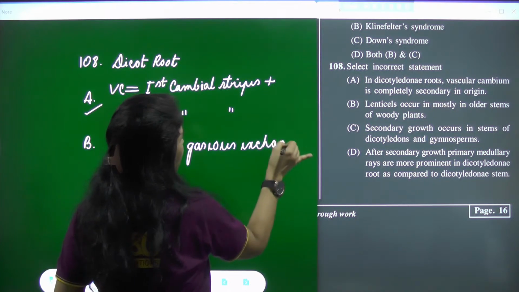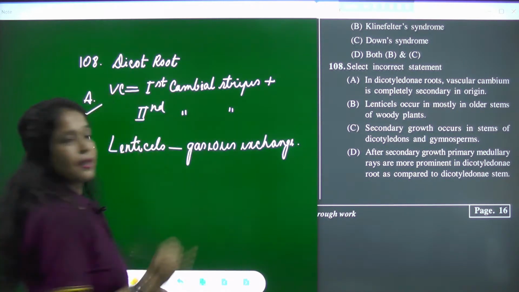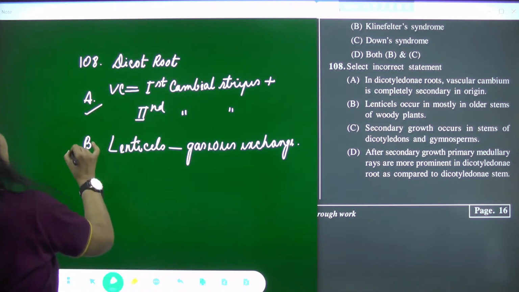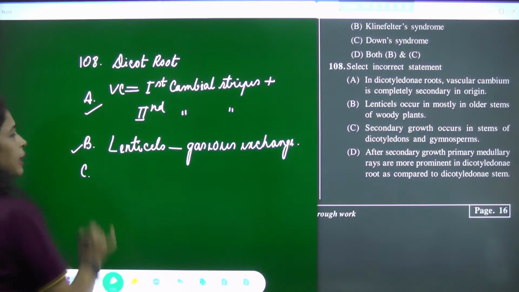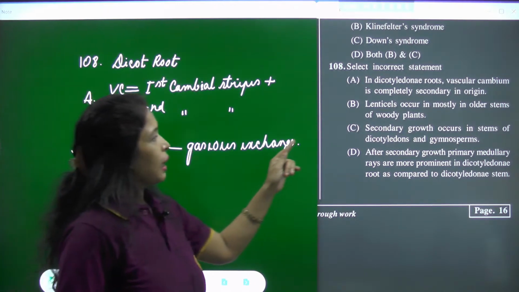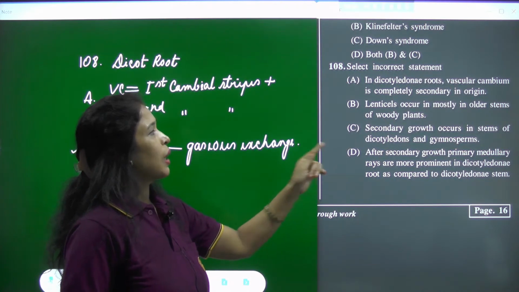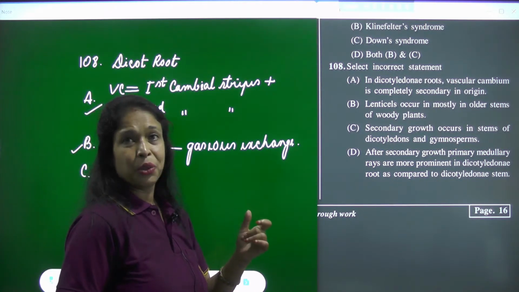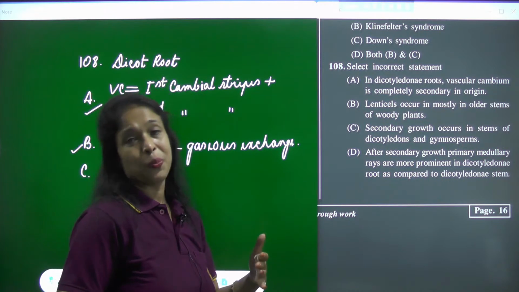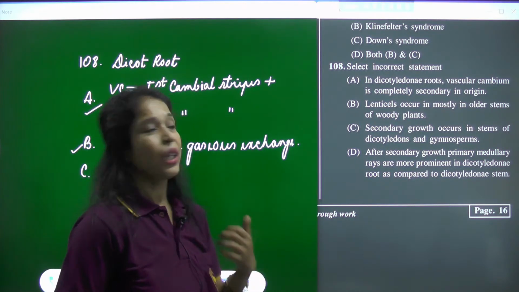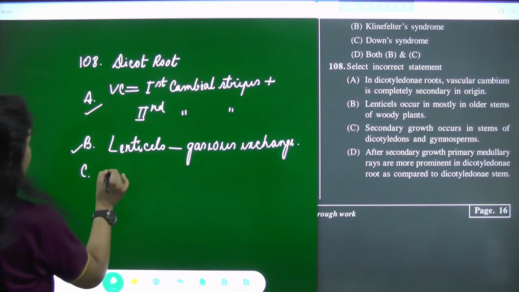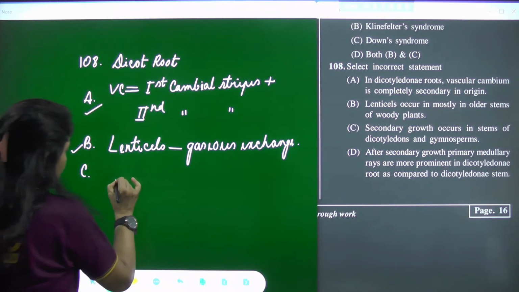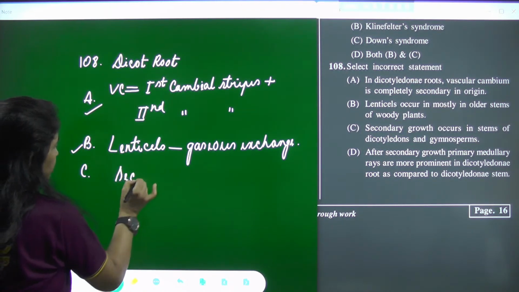So, this option is also right. Then secondary growth occurs in stems of dicots and gymnosperms. Very true. Dicots and gymnosperms show secondary growth. So, option C is right.